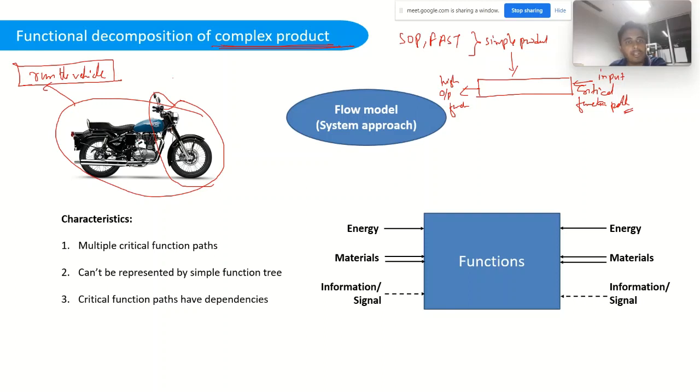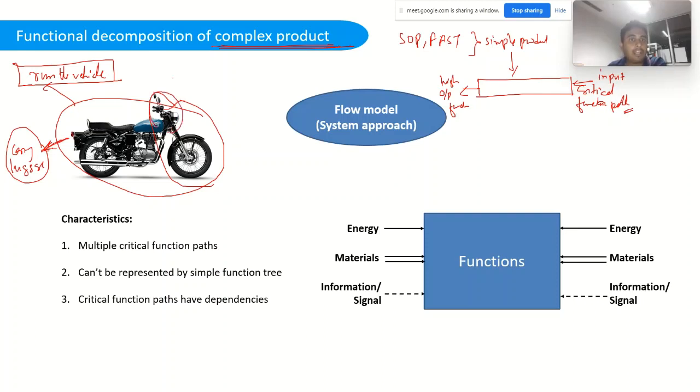The second important function can be carrying luggage. When someone wants a bike like a Royal Enfield or a classic bike, people might have thought about carrying luggage for a long ride. So that can be a high level function.